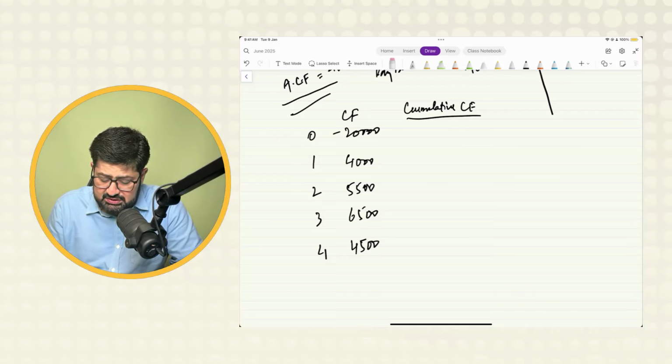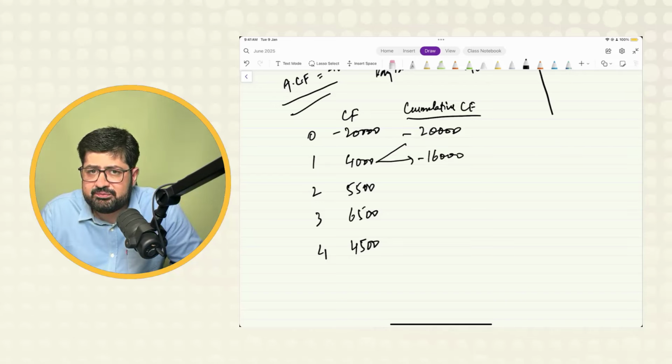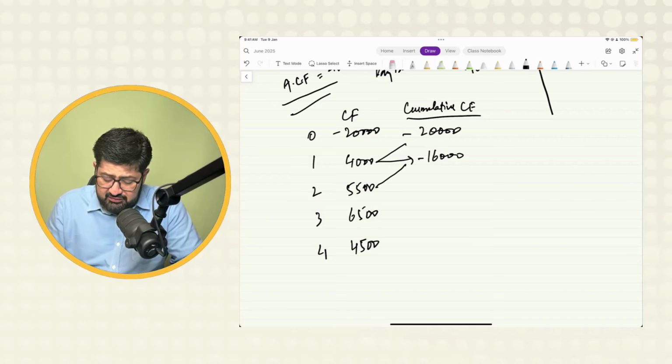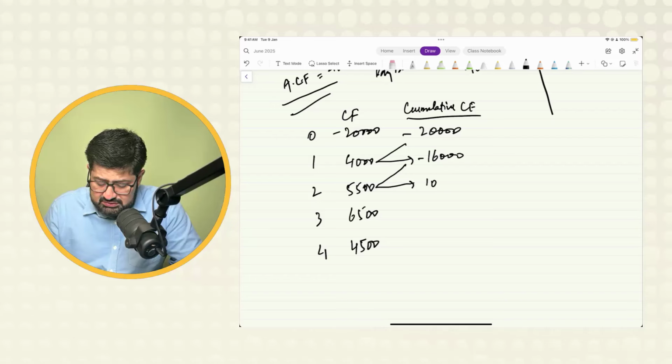So 20,000 negative, 4,000 recovered, remaining is 16,000 negative. 4,000 recovered out of 20,000. Then 5,500 recovered, so 10,500 negative remaining.